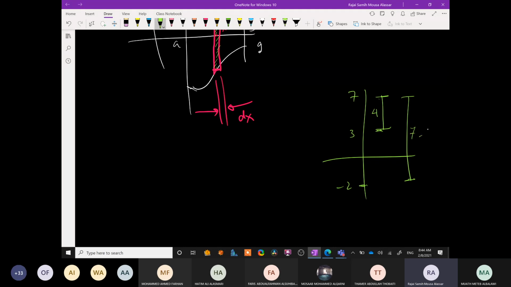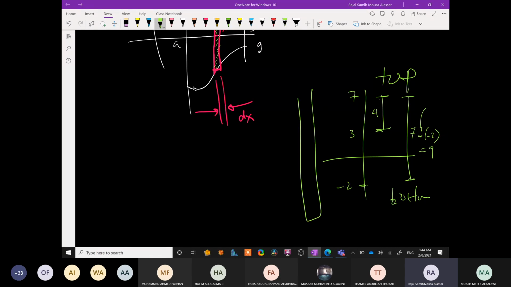How do you do this? 7 minus whatever the bottom function is. So 7 minus minus 2 is just plus, 9, correct? So it is the top minus the bottom function, always. It doesn't matter, the minuses are going to fix themselves up. So if you want to find the length of a column, it's the top level minus the bottom level. We understand this, yes? Okay, fine.